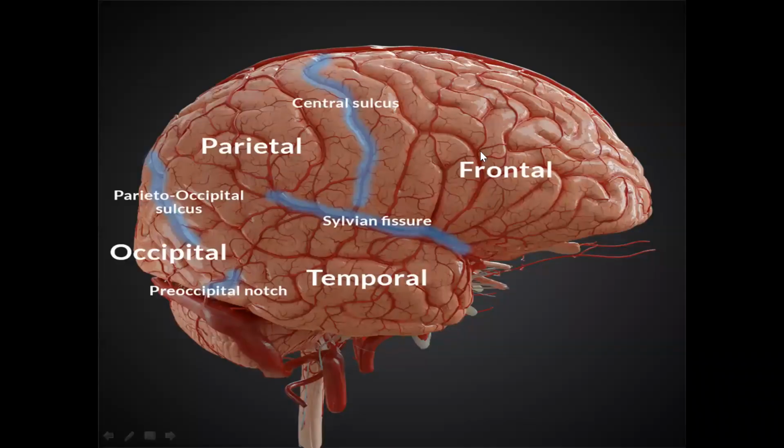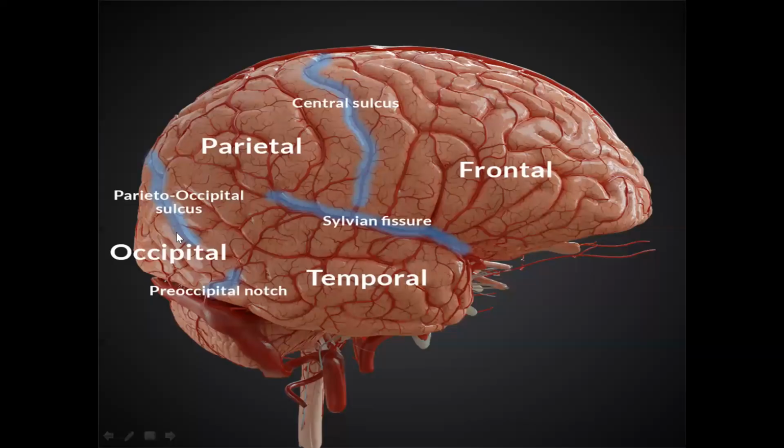The frontal lobe is located anterior to the central sulcus. This is what is called the central sulcus. The frontal lobe is located anterior to the central sulcus and above the Sylvian fissure, also called the lateral sulcus. Above the lateral sulcus and anterior to the central sulcus is the frontal lobe. The parietal lobe is posterior to the central sulcus, above the lateral sulcus and anterior to the parieto-occipital sulcus.